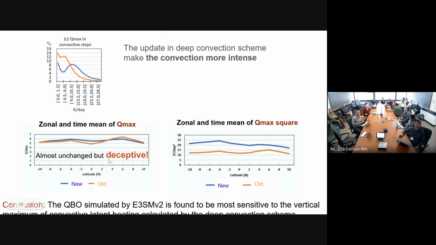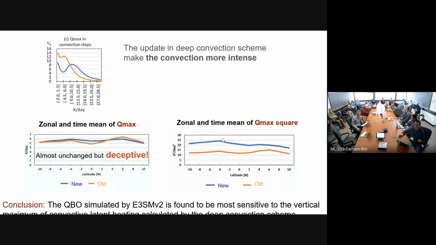But we have to consider the frequency of convection and the intensity of convection together. So here I'm showing the climatology of the maximum heating rate, which shows that this parameter is almost identical in the two different simulations, but it is deceptive because the QBO and the gravity wave drag are driven by the square of the maximum heating rate.